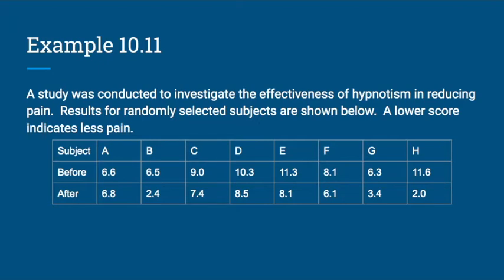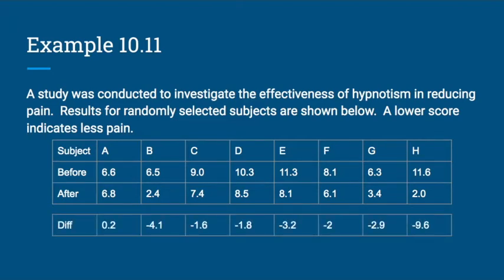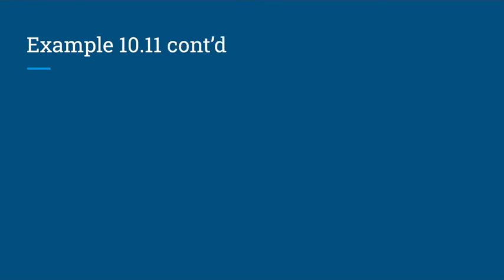And typically we subtract the after minus the before. So in that case, what we're going to end up with is quite a few negative numbers and one positive number. So this line here, the diff line, that's differences, that's going to be the data that we actually put into the calculator. So pause the video, take these values, there's 8 of them, and put them into L1 in your calculator. And then we will continue to do t-tests.